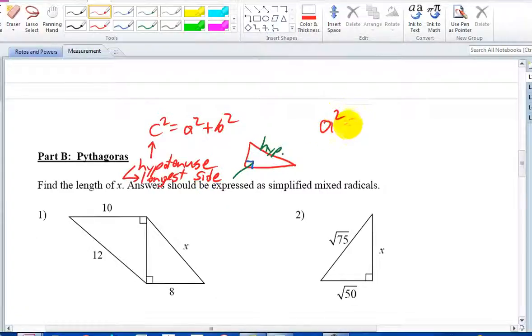Now, the other formula is a leg. This is what we call the leg. The leg equals the hypotenuse squared minus the other leg squared. It does not matter which one's A and which one's B. Make sure you square them.